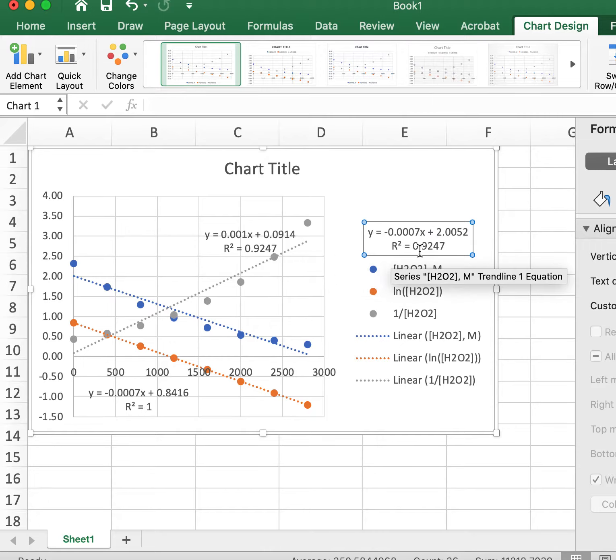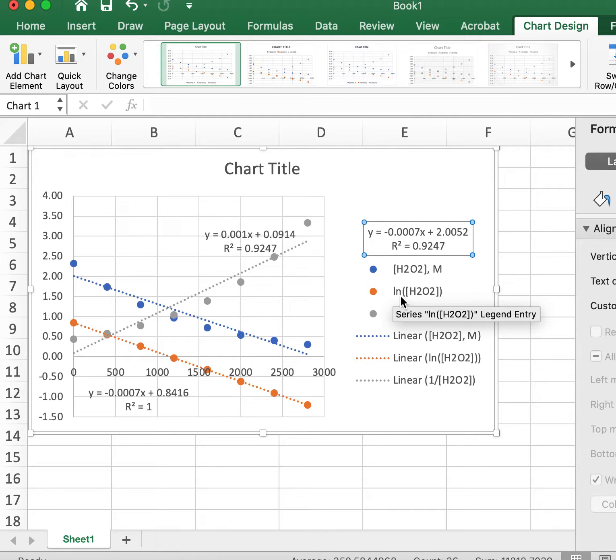The r squared for the 0th order is also 0.92. Those are worse. This is a perfect fit for the orange data, which is natural logarithm. That tells us that our fit is first order.